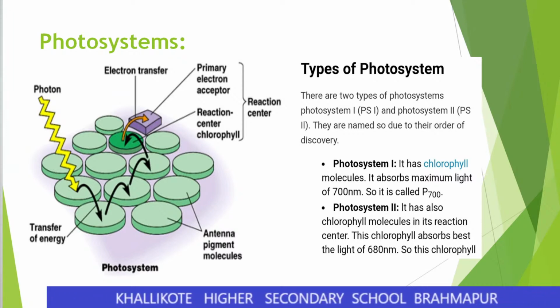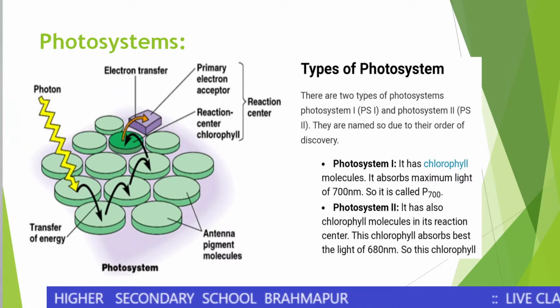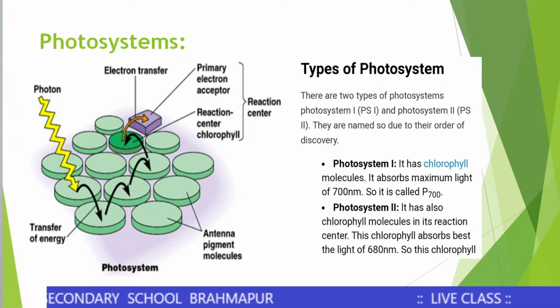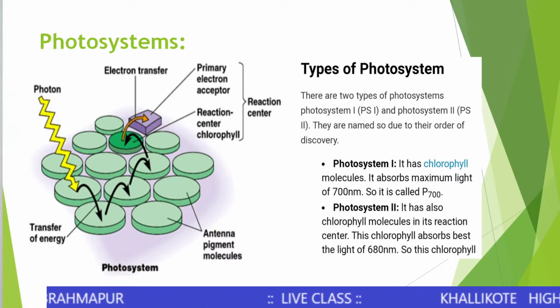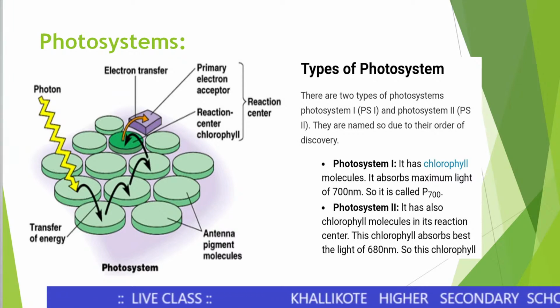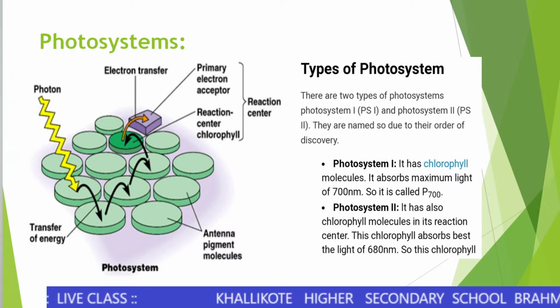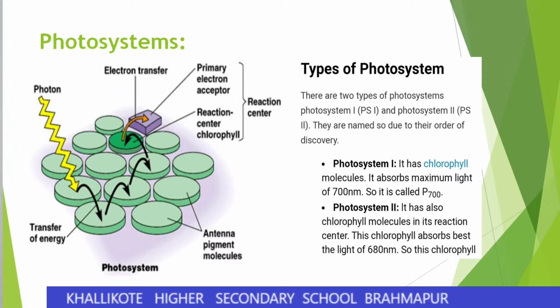Photosystem 2 also remains associated with the oxygen evolving complex, or the OEC, responsible for the breakdown of water, or photolysis of water. So these are the two photosystems present in the thylakoid membrane.